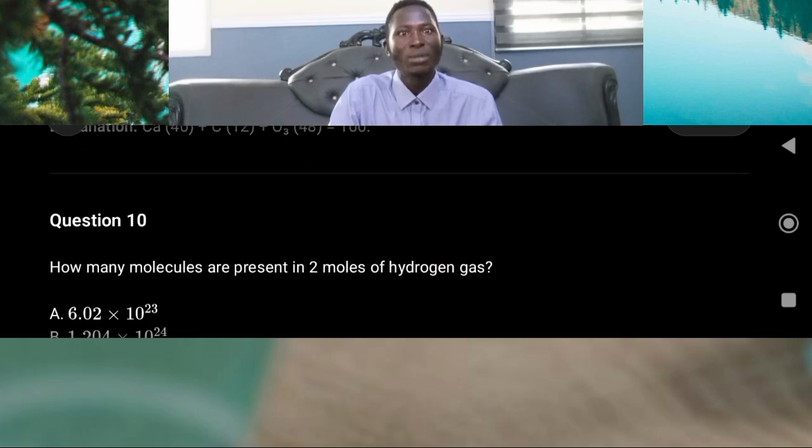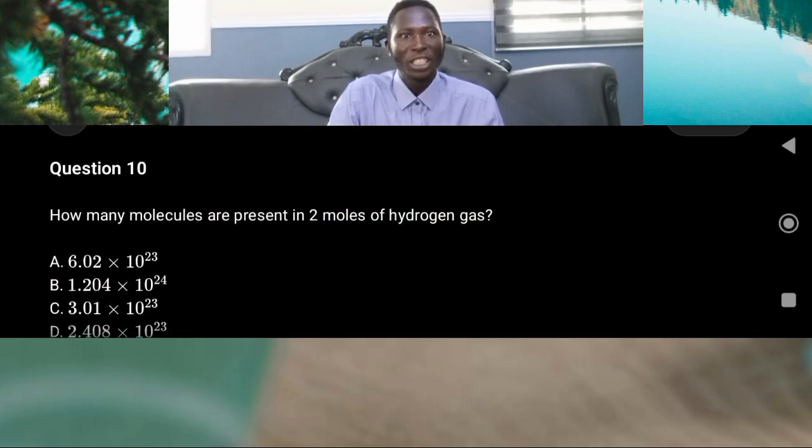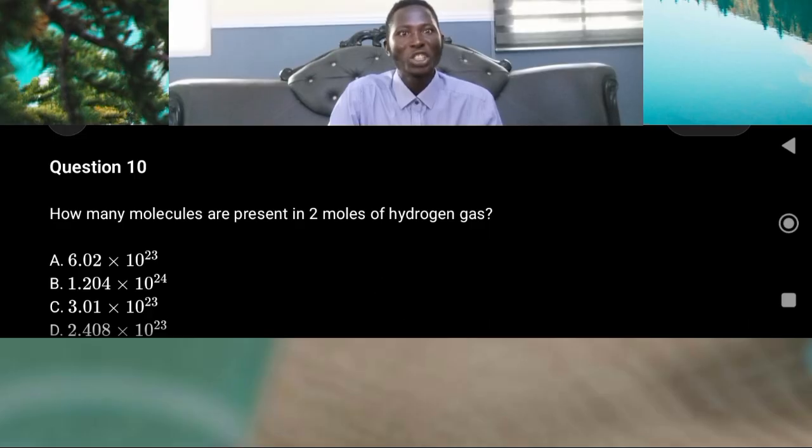Now question 10 says, how many molecules are present in 2 moles of hydrogen gas? A, 6.02 times 10 raised to power 23; B, 1.204 times 10 raised to power 24; C, 3.01 times 10 raised to power 23; and D, 2.408 times 10 raised to power 23. So what is the correct answer in this question?